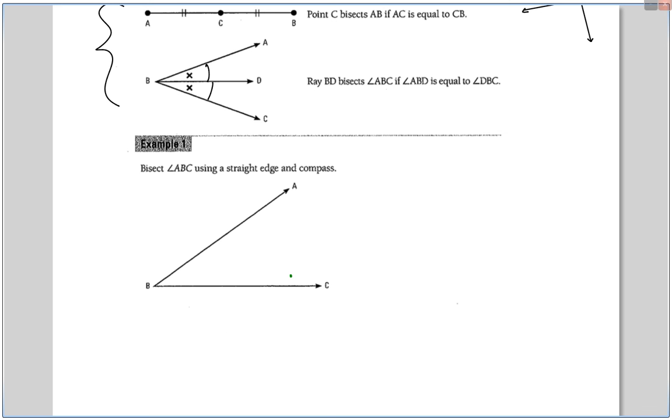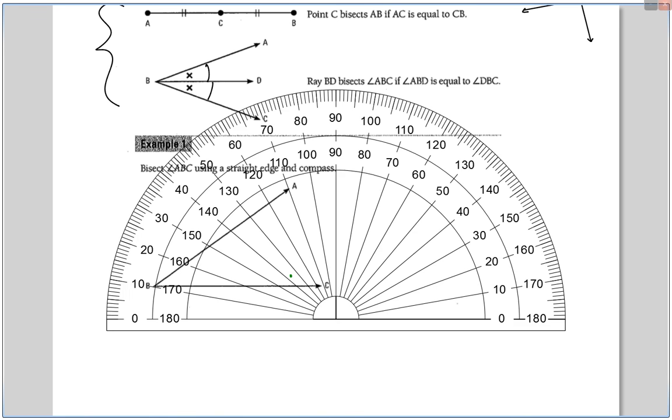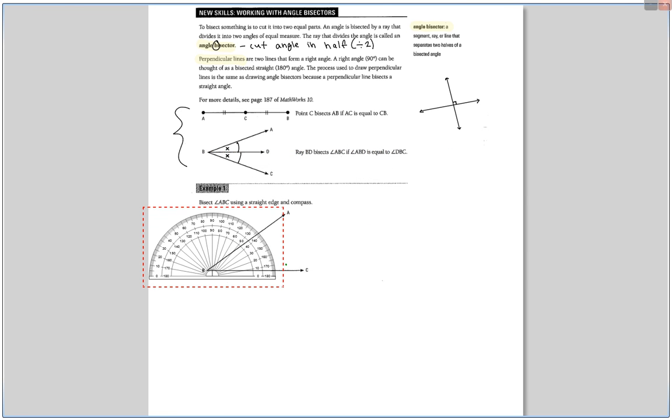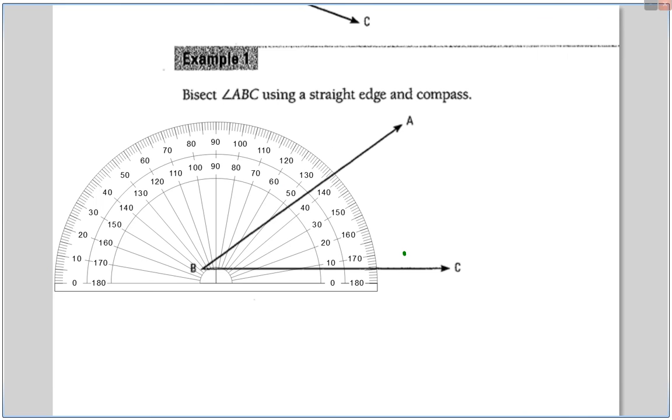So in order to bisect an angle, you're just going to use your protractor, measure the angle, divide by 2, and then you're off to the races. So let me just drop a protractor onto the page here. Okay, so let's measure this angle.